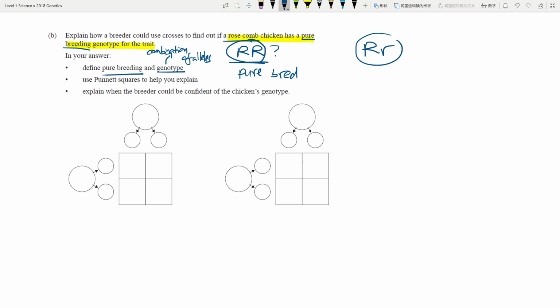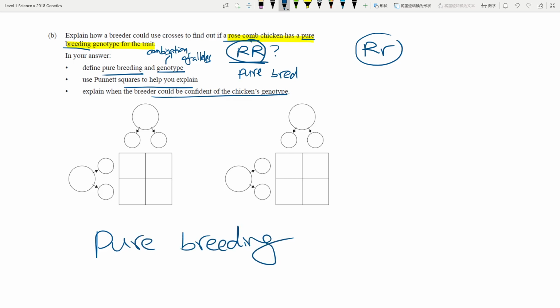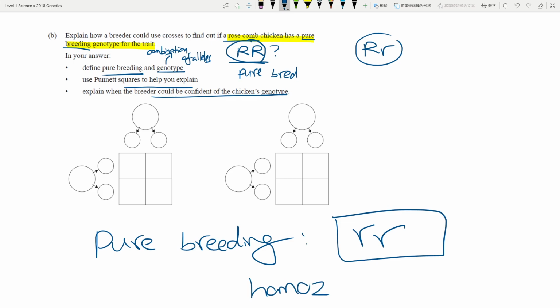Okay, use your Punnett square to help explain when the breeder could be confident of the chicken. There are two possibilities. Whenever you see the word pure breeding and you're trying to find out if something is purebred, you want to cross it with a homozygous recessive.